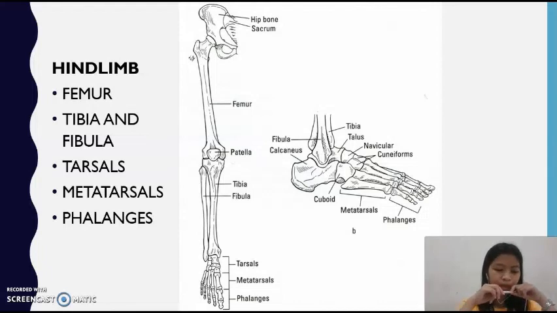Okay. It allows movement of the ankle. And then we have there the largest tarsal bone, yung calcaneus natin. It's also known as the heel bone. Heel bone, H-E-E-L bone.